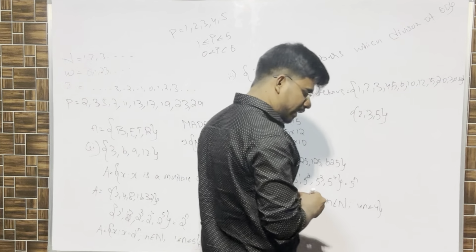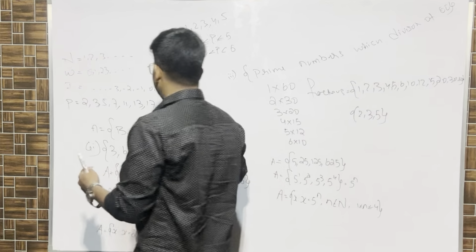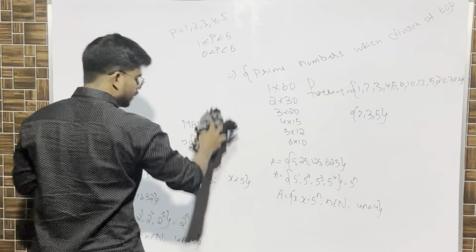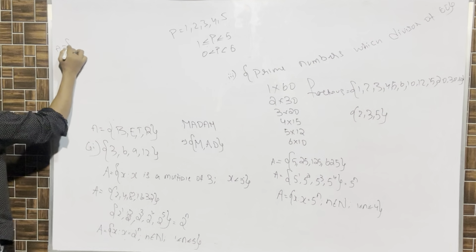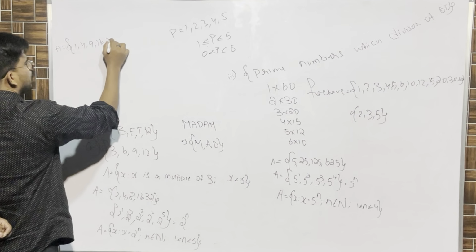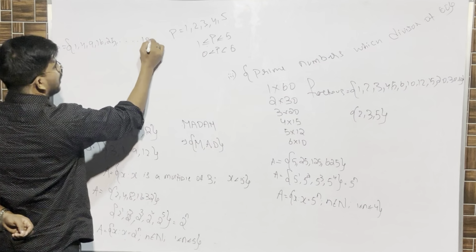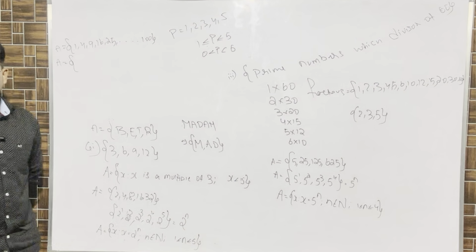One more question we'll take, then we'll move on to the long answer type questions. Next, this is the set 1, 4, 9, 16, 25, so on up to 100. What is one common thing in this set?